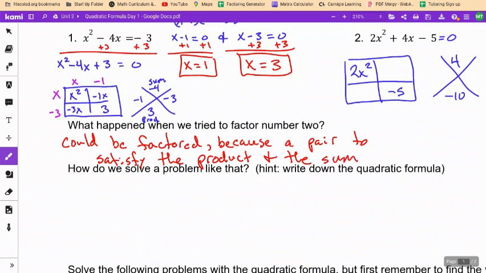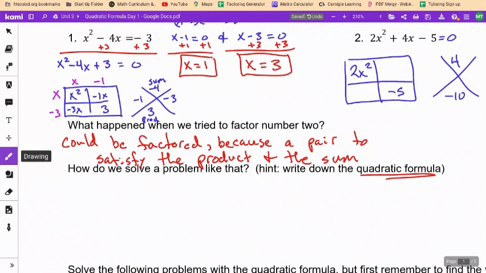So we couldn't find that combination, okay? So how do we solve a problem like this? Because this still has an answer, right? It's still going to have a solution. We just can't solve that by factoring. And so this is where we use what we call our quadratic formula.